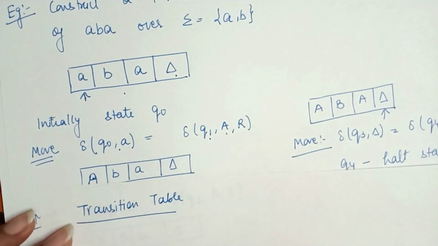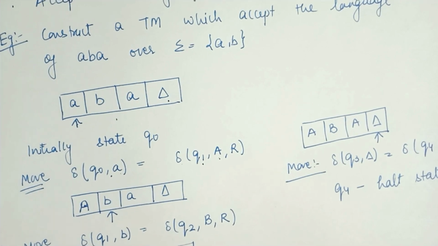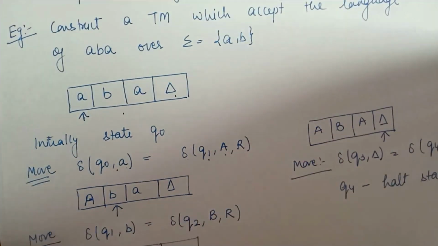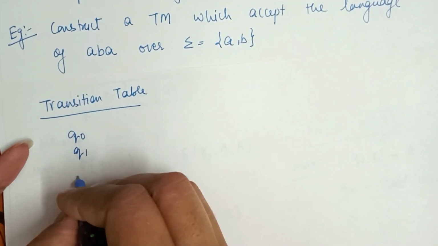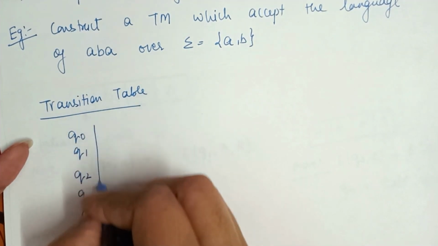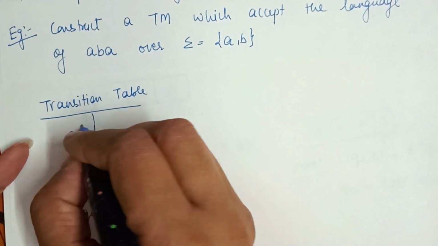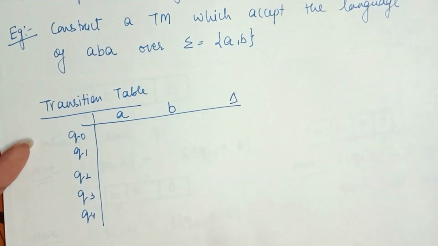See here, we have the Q0 state, Q1 state, Q2 state, Q3 state, and Q4 state. So in the transition table, we take Q0, Q1, Q2, Q3, and Q4, and the input symbols are a, b, or delta.